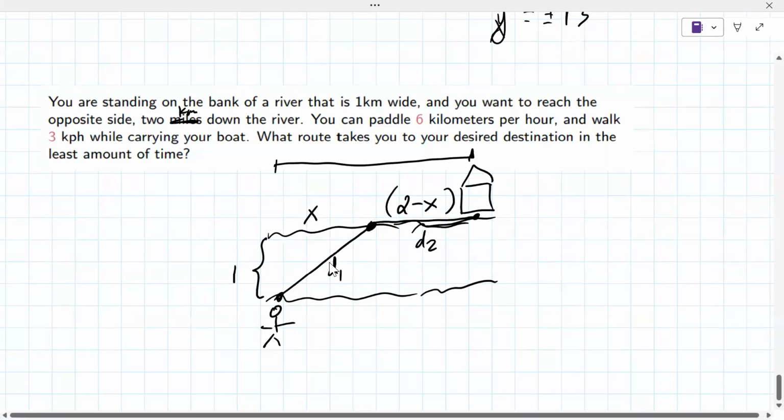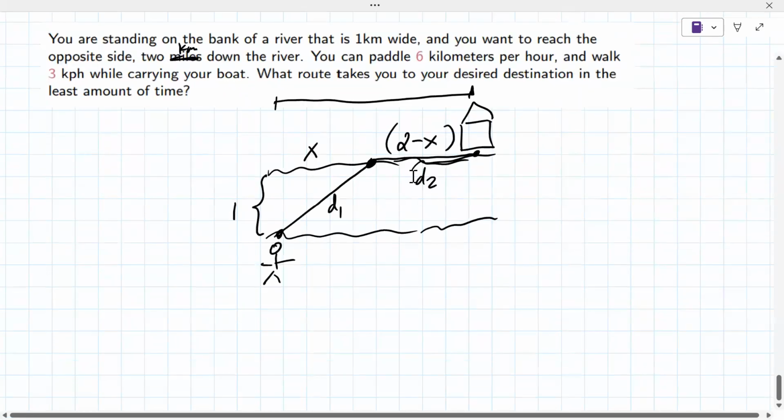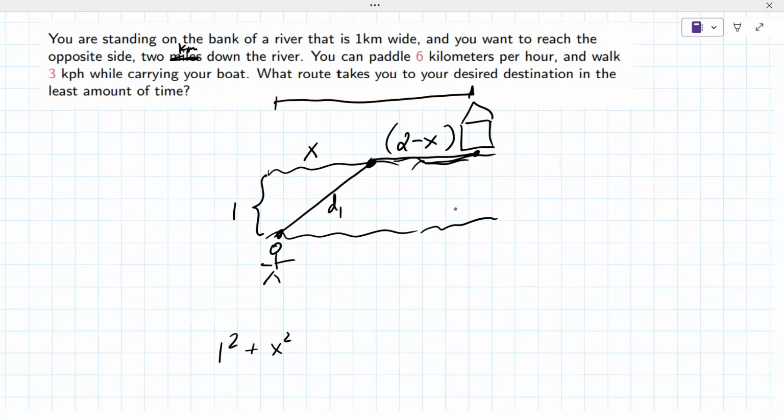You have D1, we'll get to the next part. The diagonal distance there, that's the Pythagorean theorem. So that's 1 squared plus x squared equals D1 squared, so D1 ends up being the square root of 1 plus x squared. And then you already have this here.